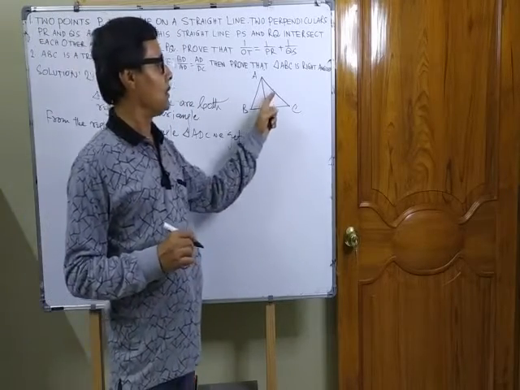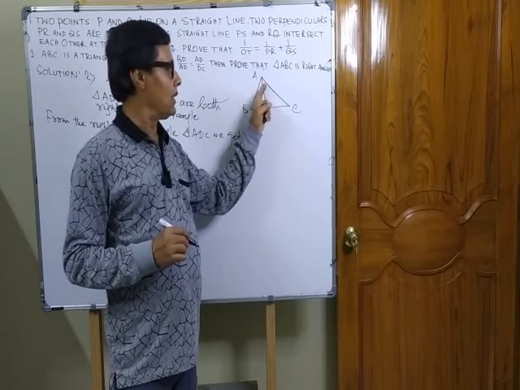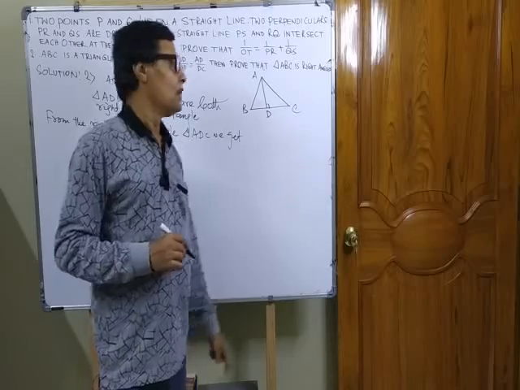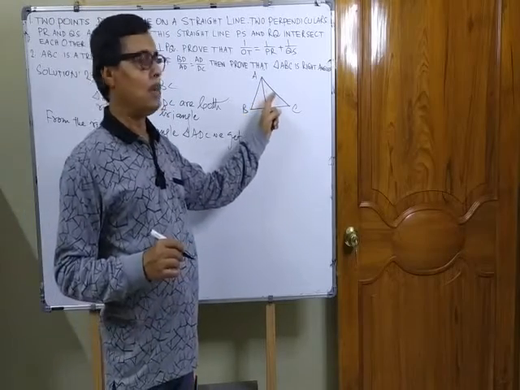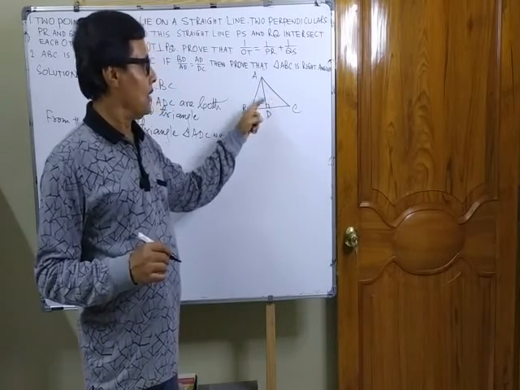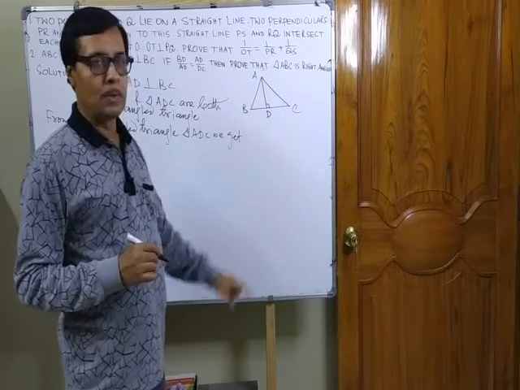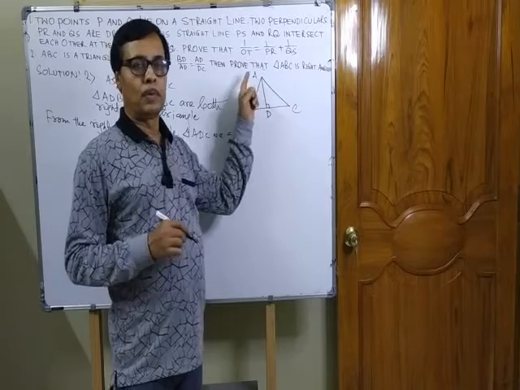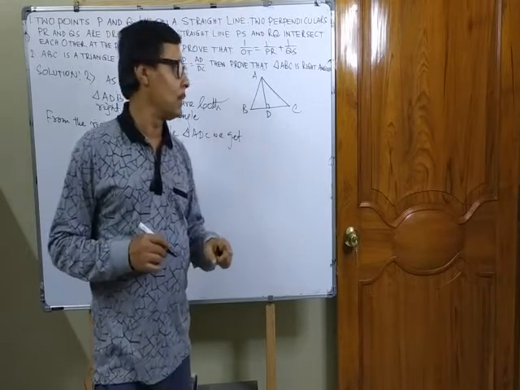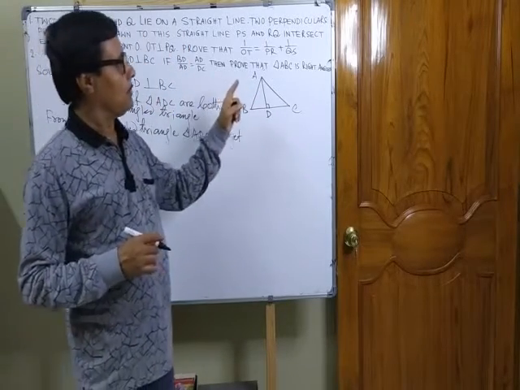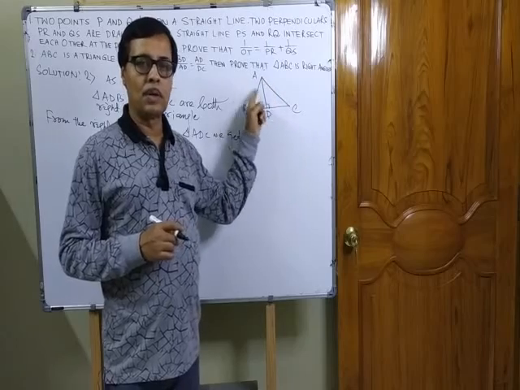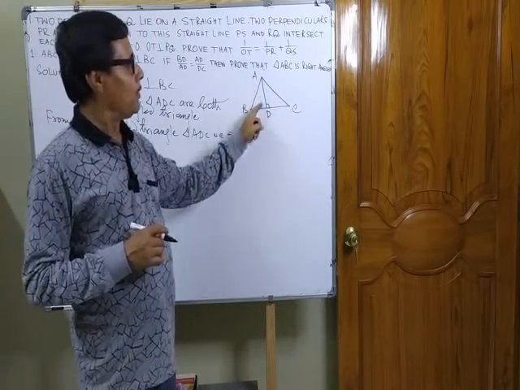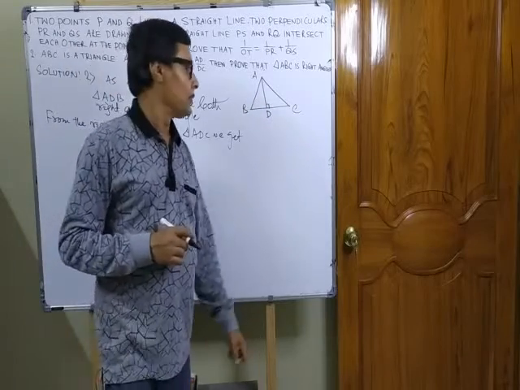By Pythagoras theorem we can say that AC square equal to AD square plus DC square, because AC is the hypotenuse of this triangle, DC is the base and AD is the perpendicular. For a right angle triangle, we know that the square of the hypotenuse is equal to the sum of the squares of the perpendicular and base.